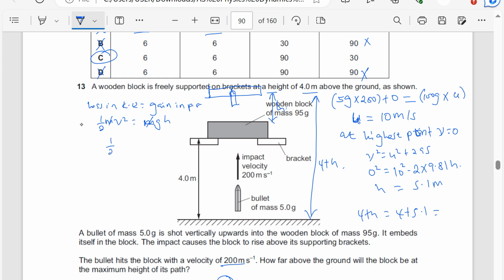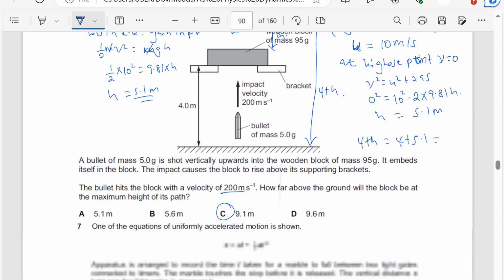So a half times the initial velocity, which is 10 squared, is equal to 9.81 times h. This still gives you h as 5.1 meters.